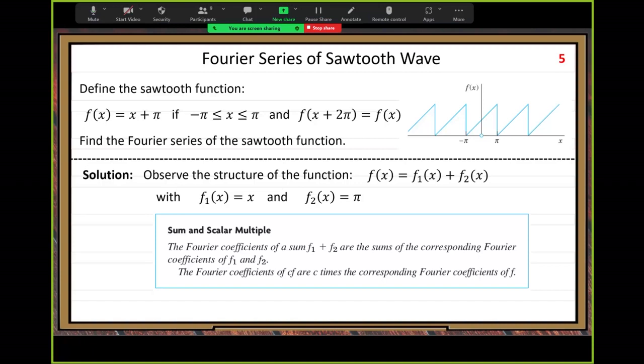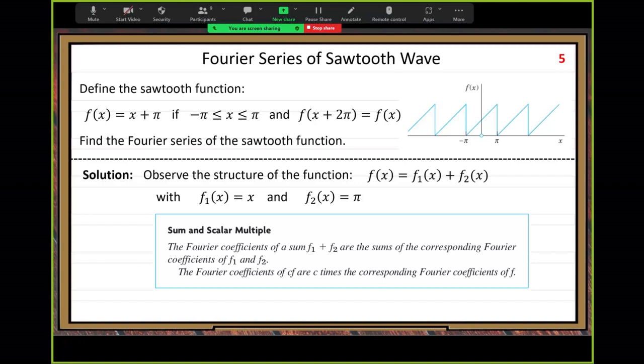It tells us the Fourier coefficients of a sum f1 plus f2 are the sums of the corresponding Fourier coefficients of f1 and f2. We can calculate the coefficients for individual functions separately, then add them up.